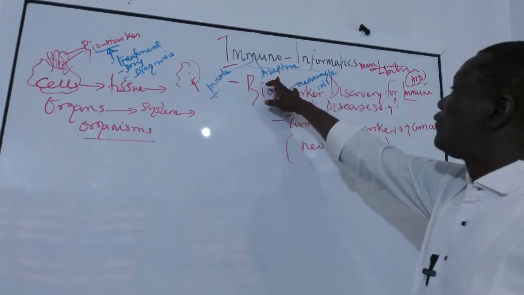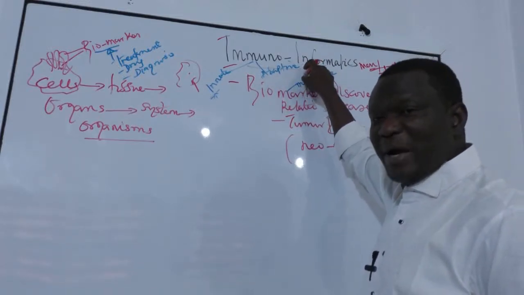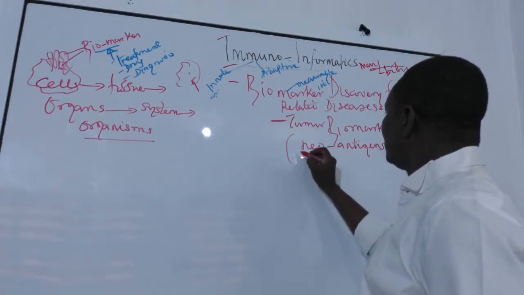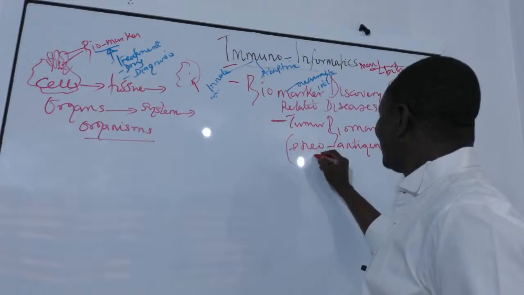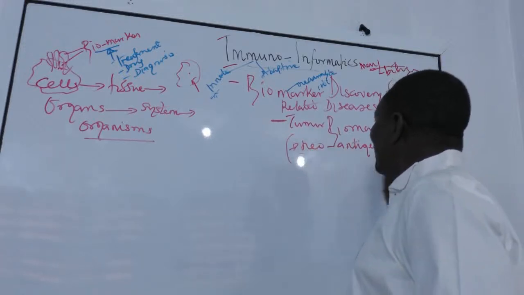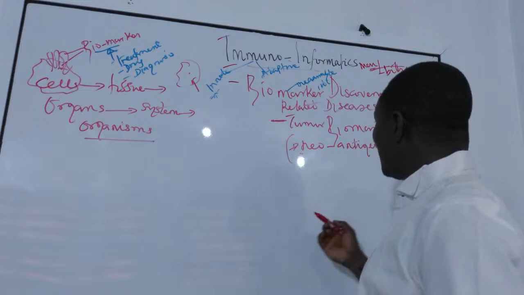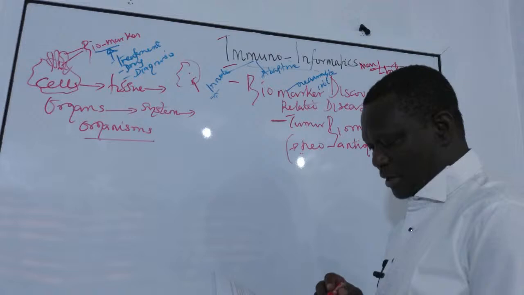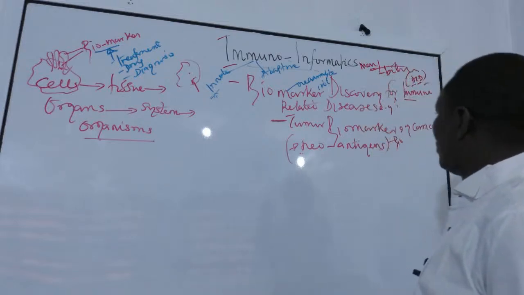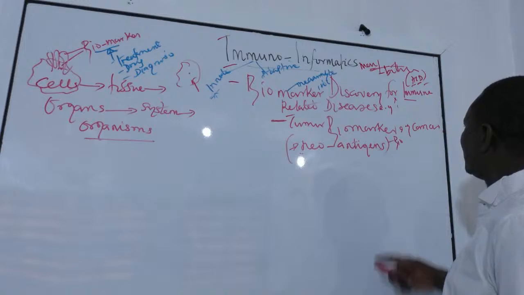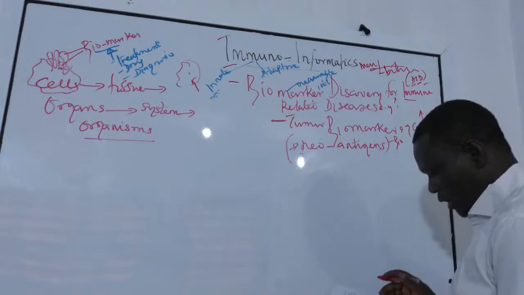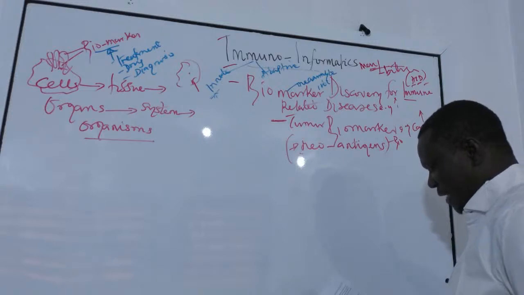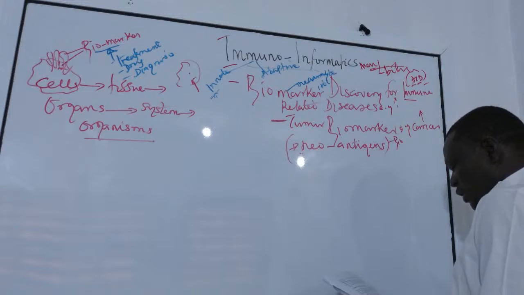It is through bioinformatics that we are able to recognize or diagnose what neoantigens are. Neoantigens are nothing but cancer biomarkers that we can use in tracking cancer cells, helping us identify tumor-specific antigens, which are called biomarkers.